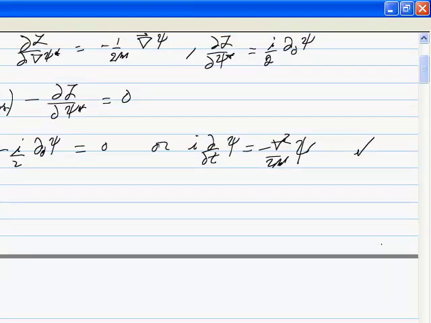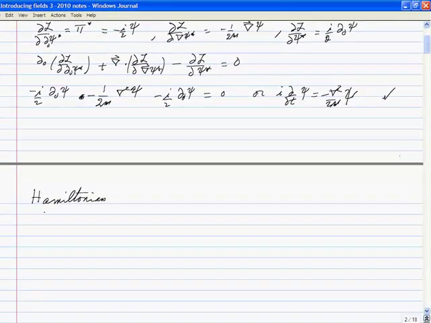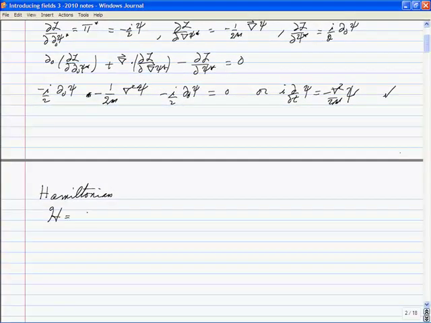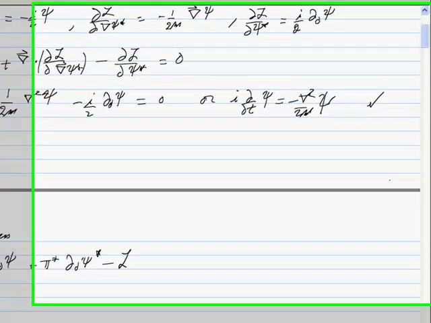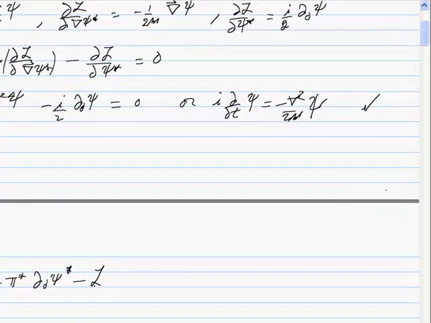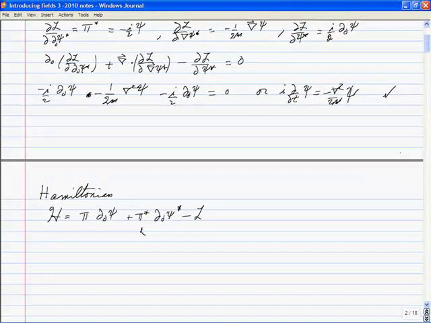But to form the Hamiltonian, by the rules that we've developed, it's pi d0 psi plus pi star d0 psi star minus the Lagrangian. We have pi star up here.